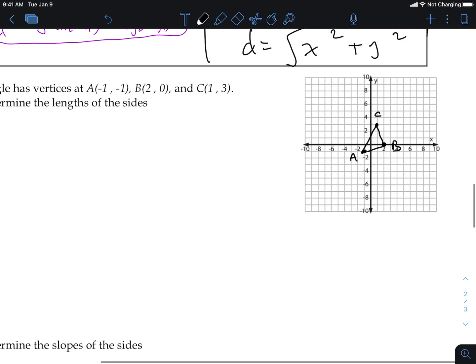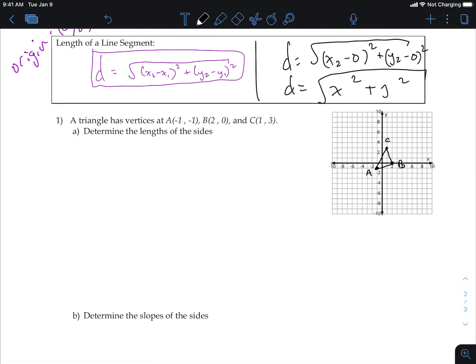Okay. Determine the lengths of the sides. We good? Okay, how are we going to denote this? Let's do the distance of AB, line segment AB. What are we going to do? We're going to plug it into the equation.